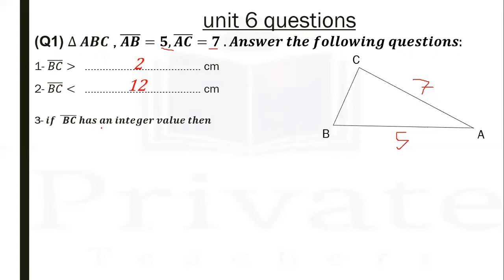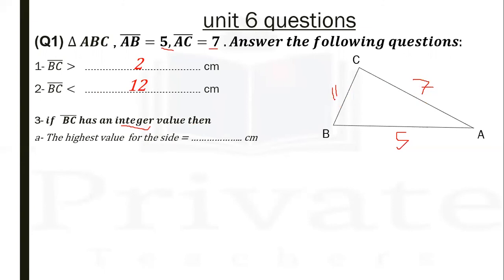But look at this question. If BC has an integer value like 3, 2, 1, and so on, the highest value must be less than the sum. The sum of 7 and 5 is 12, so the highest value must be 11.